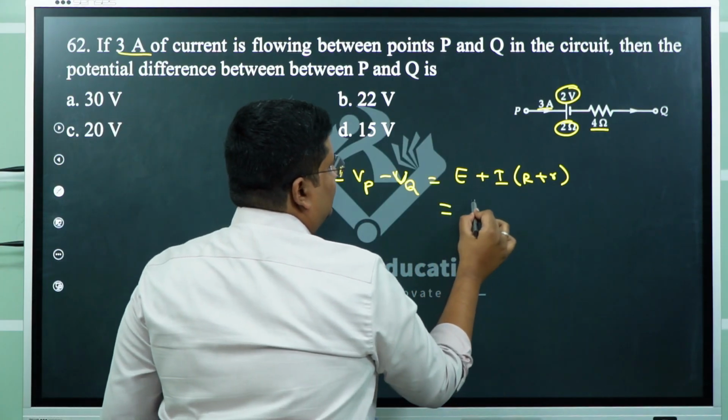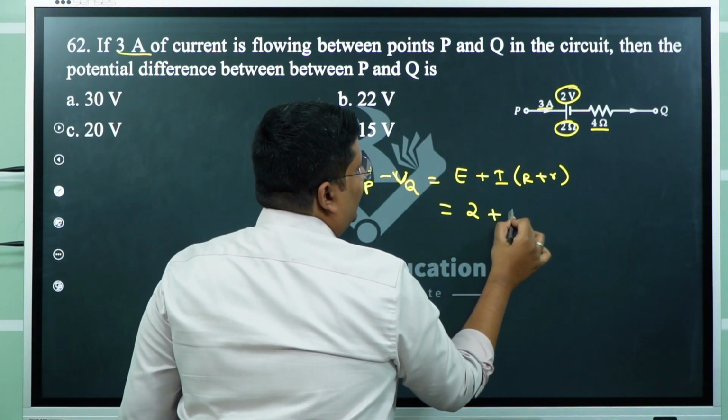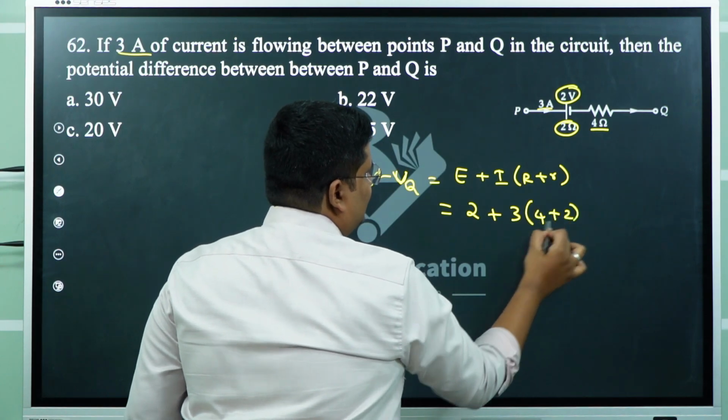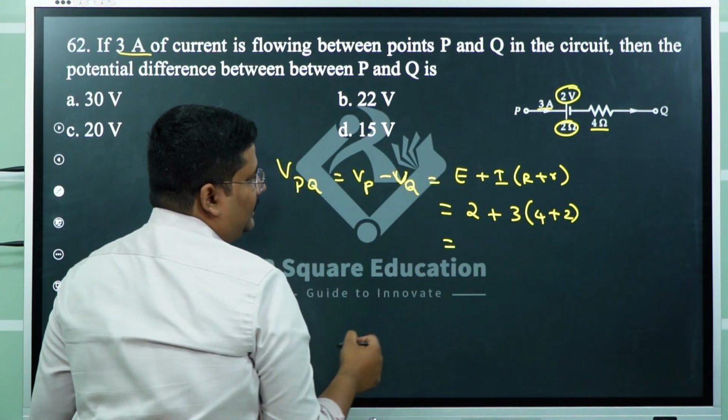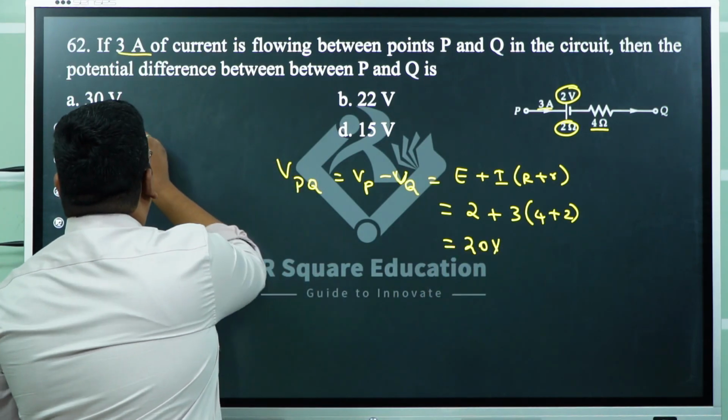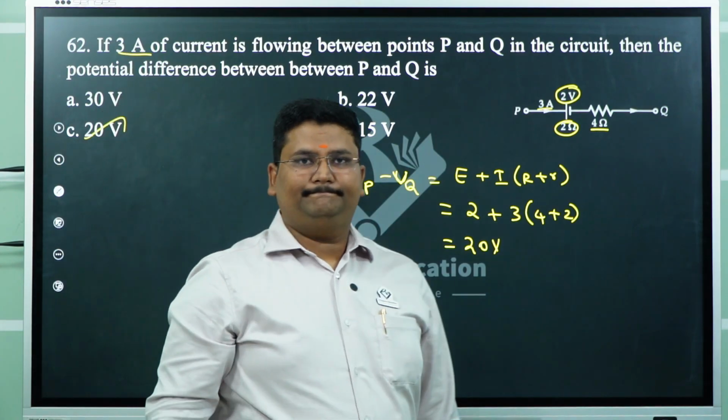So what is E here? It's going to be 2, I is going to be 3, and R is going to be 4 plus internal resistance 2. So it's going to be 6 into 3, 18, plus 2, 20 volt. So the answer is going to be 20 volt.